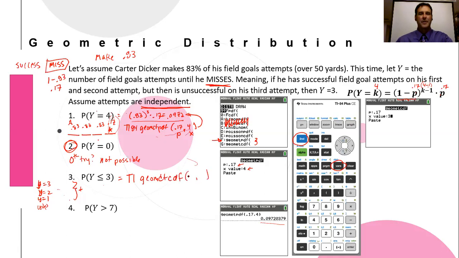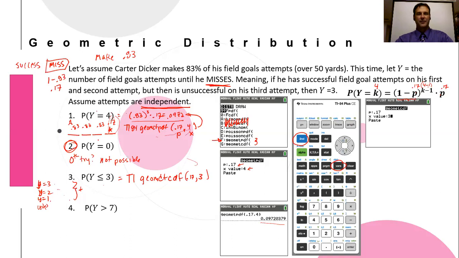Your probability is still the same, 0.17. And I'm going to go as high as the value that I see here. So when I see 3, 2, and 1, I'm going to put a 3 here. And if you do that command, it does all your work for you.